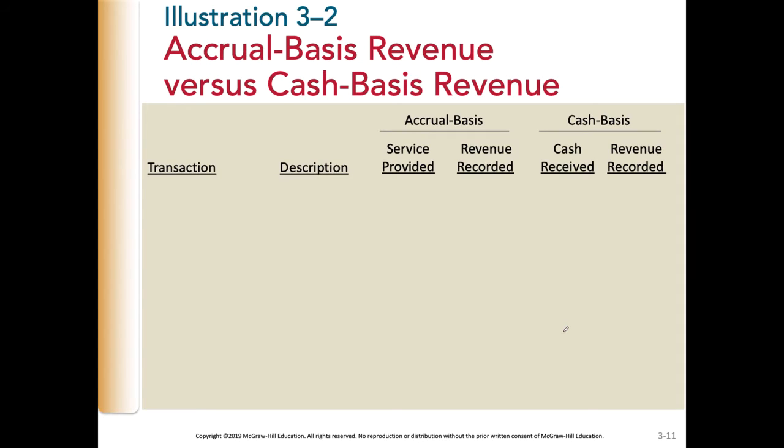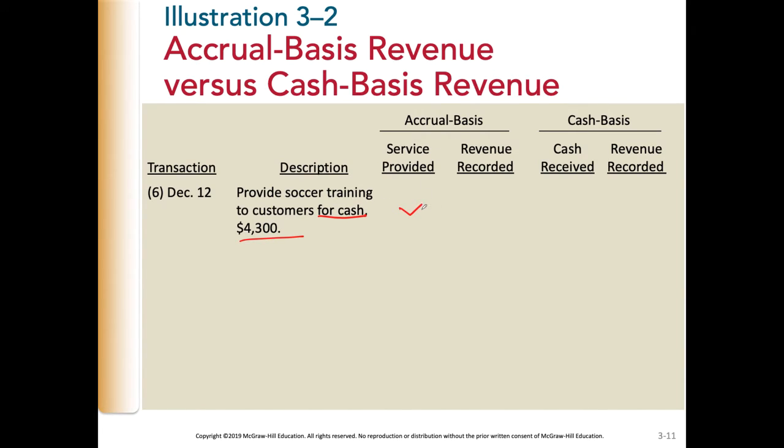Okay, so let's do some examples. Let's say on December 12th, the description of the transaction is providing soccer training to a customer for cash for $4,300. First of all, the economic essence is that the service is provided.